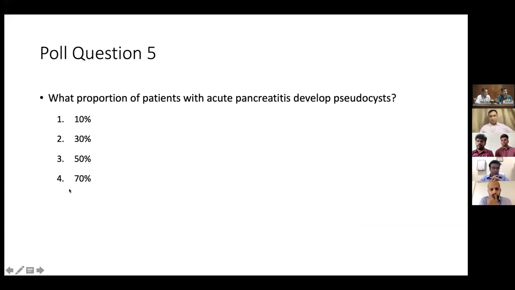Coming to the last poll question: what proportion of patients with acute pancreatitis develop pseudocysts? 10, 30, 50, and 70%.